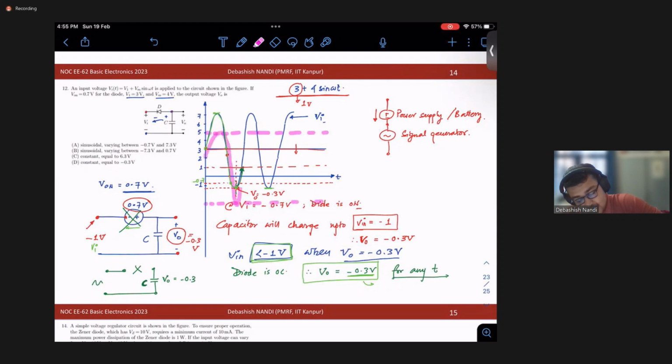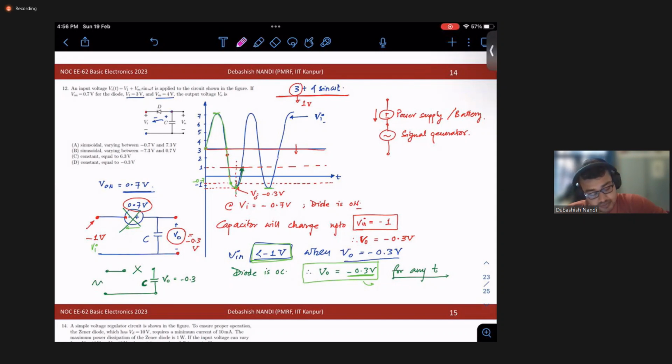The sinusoidal amplitude is not changing, but the DC level is shifted. So in that way, we can make the capacitor discharge again by making V in go less than minus 1 volt.